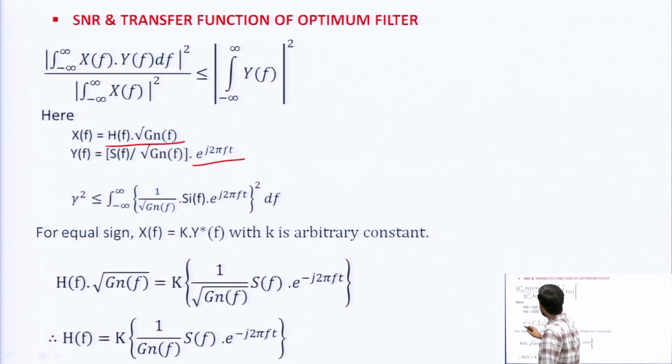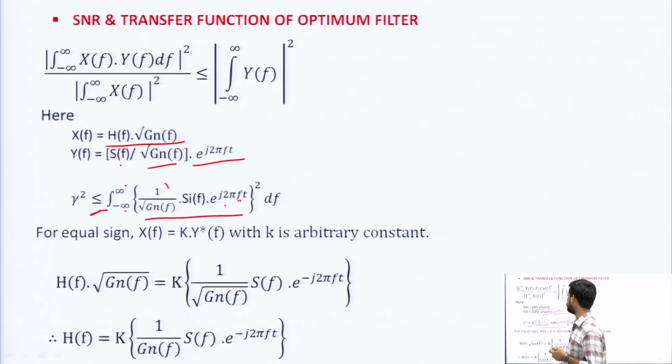So, I can write that gamma square is less than or equal to the integration from minus infinity to infinity of |S(f) e^(j2πft)|^2 divided by GN(f), df. This is less than, but for the equal sign I have to equate with some constant k: X(f) equals k times Y star(f), with k an arbitrary constant, and star denotes the conjugate.